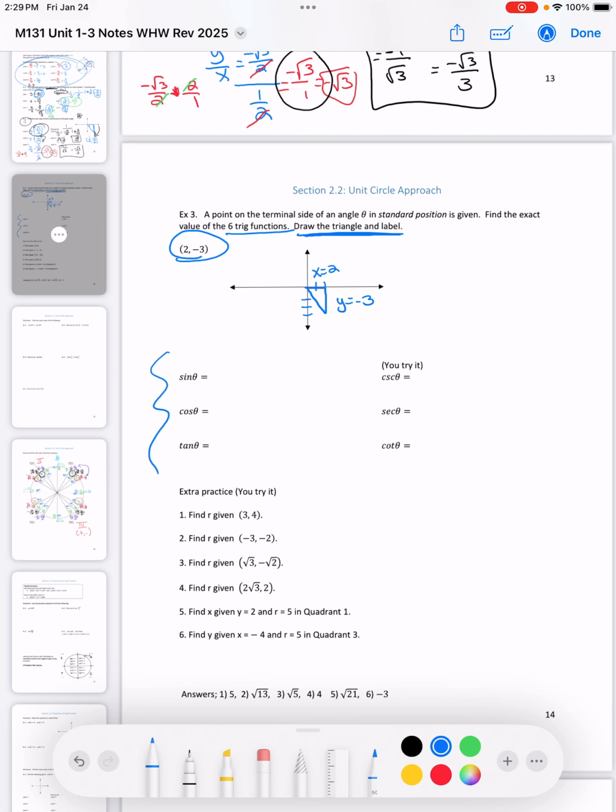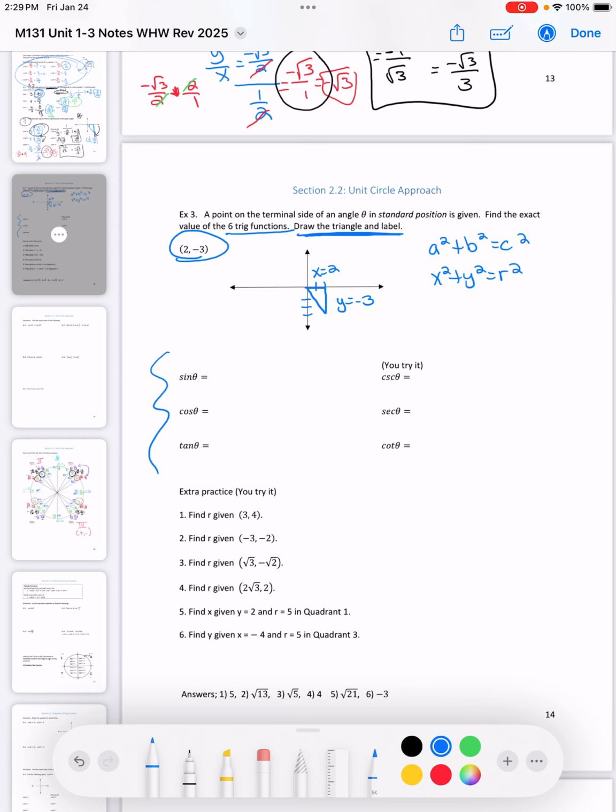So I'm going to have to do some work to solve for r. I'm going to use the Pythagorean theorem to do this because this is a right triangle, and r is the hypotenuse. So we could say the Pythagorean theorem, we usually see it written like a squared plus b squared equals c squared. Instead of a and b, I'm going to call these x and y, and the hypotenuse is the radius.